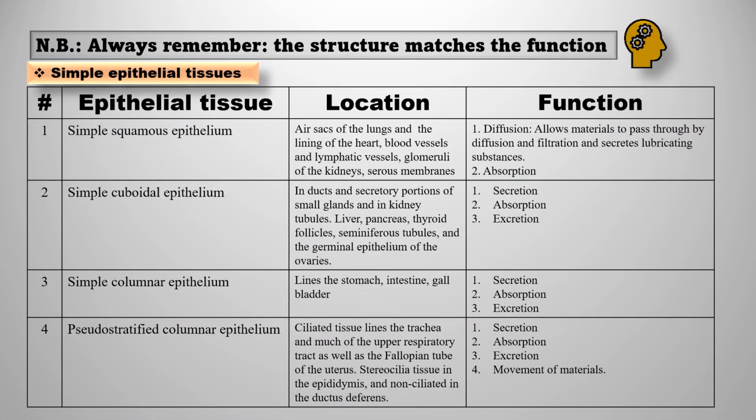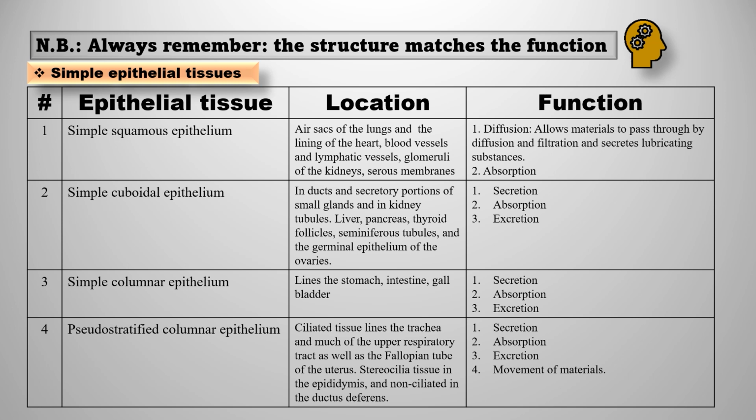Here we are going to study each of the two groups of the covering and lining epithelium, the simple epithelial tissue and the stratified epithelial tissue. We are going through each category, or each tissue, to see where we can find it, and also the function of the tissue.